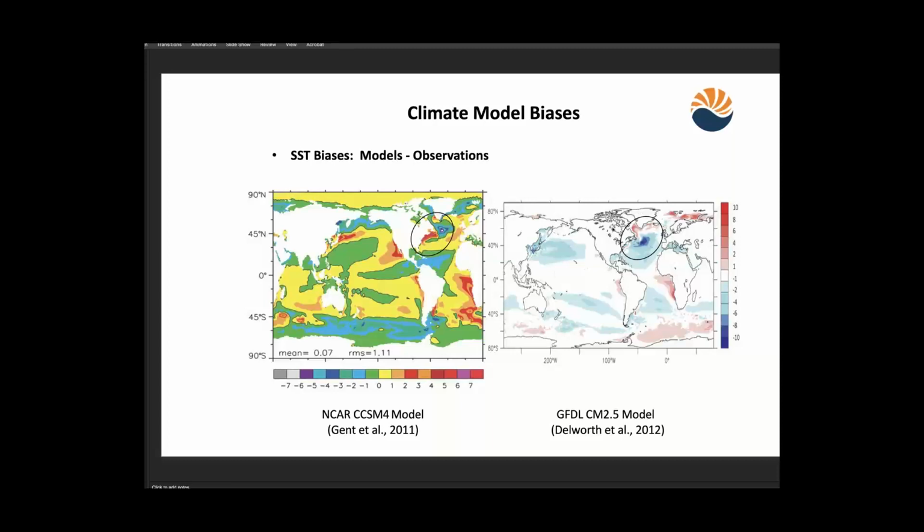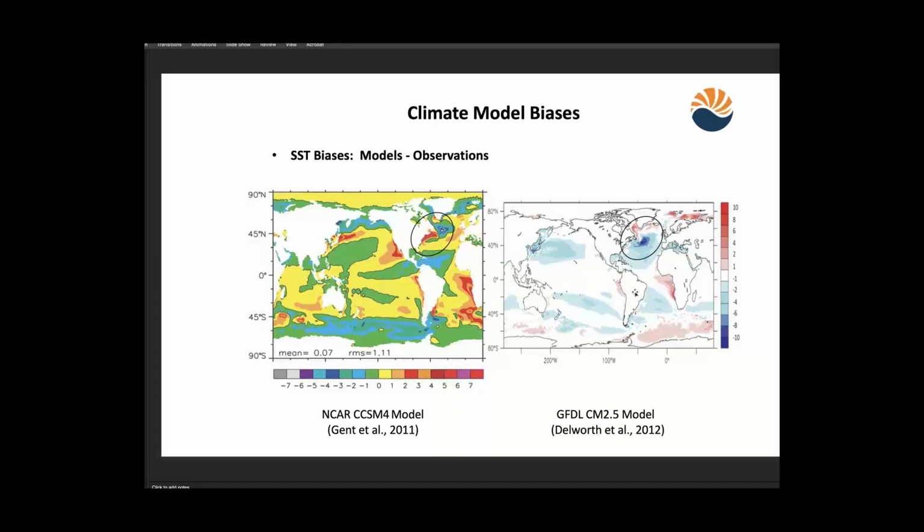And similarly in the GFDL CM2.5 model, here I'm highlighting the Northwest Atlantic as an area that is persistent. It's kind of interesting to note that the biases in different models are showing up in coastal areas in similar places, right? So on the one hand, it's disheartening that after all these years, we haven't sorted this out.